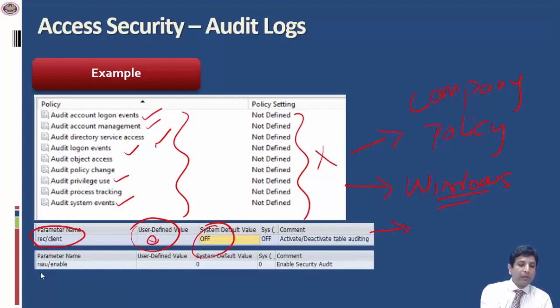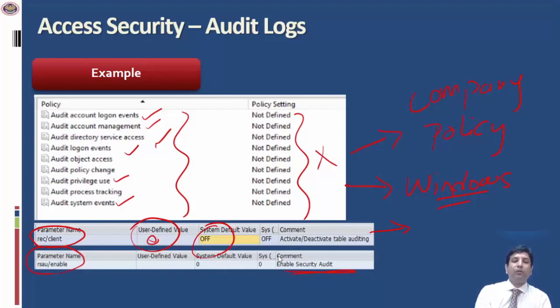Another parameter in the same ERP is RSAU/enable. This is a general audit logging feature of the ERP which records all the security events pertaining to the day-to-day working of the ERP.